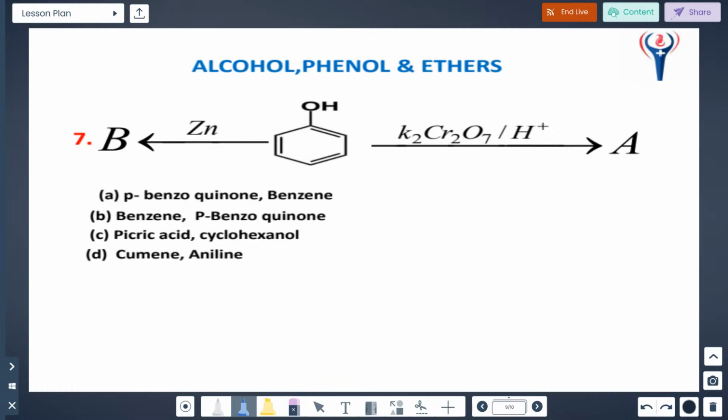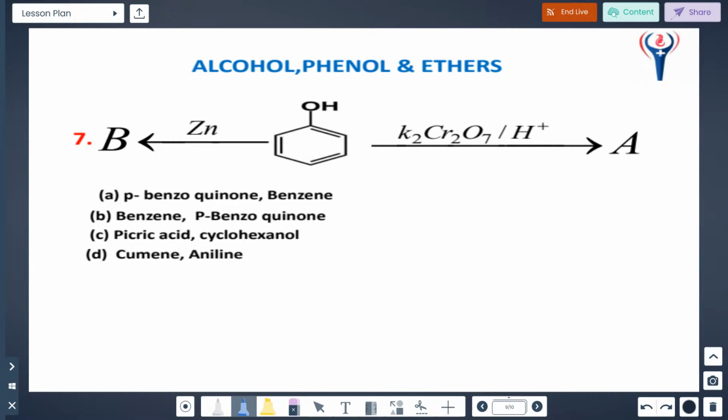Here I have given one question based on phenol. Phenol is oxidized by this reagent to get A. Again, phenol reacts with zinc to get B. That's the question. All this is present in the chemical properties of phenol.